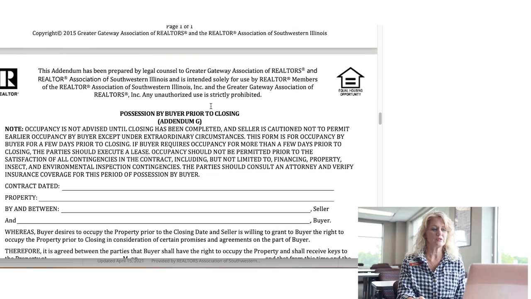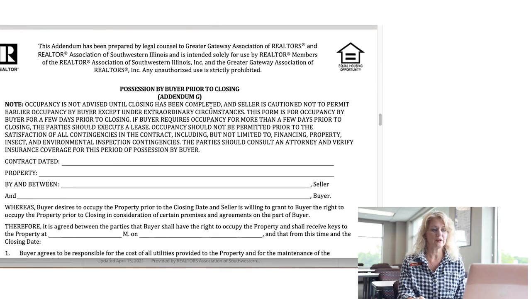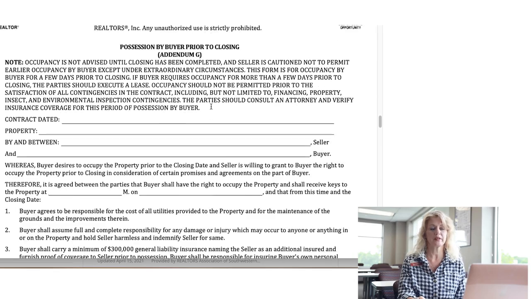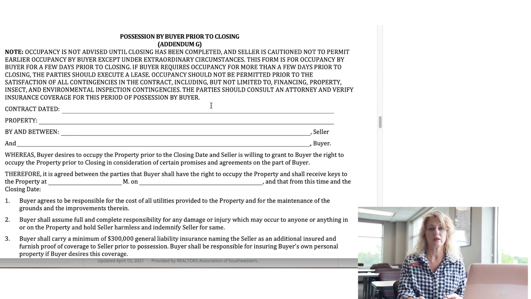Okay, so the addendum G, possession by buyer prior to closing. Now, if you remember on that limited purpose addendum, it was just to store things. It wasn't to actually occupy. Occasionally, there's a situation where the buyer is homeless and needs to get into the property, and maybe the property's vacant, and the seller could accommodate. Again, in bold and all caps, it's not advised.